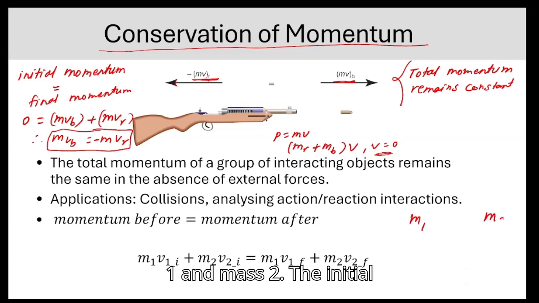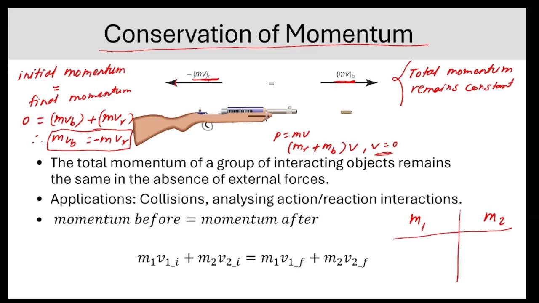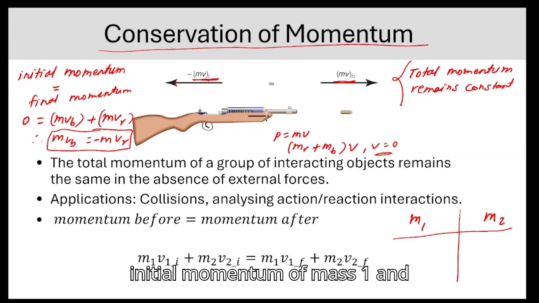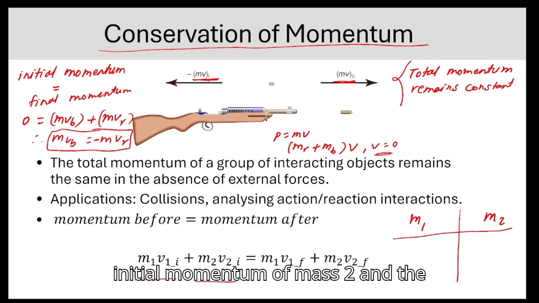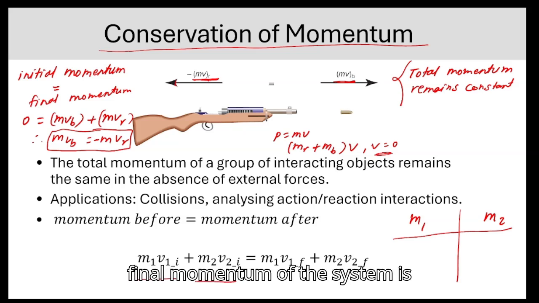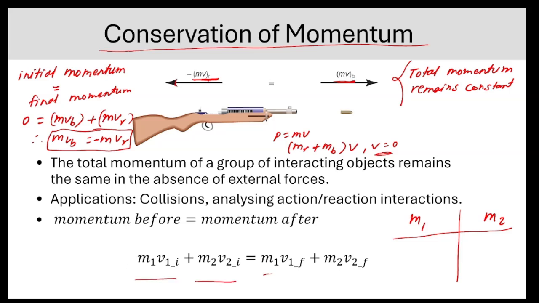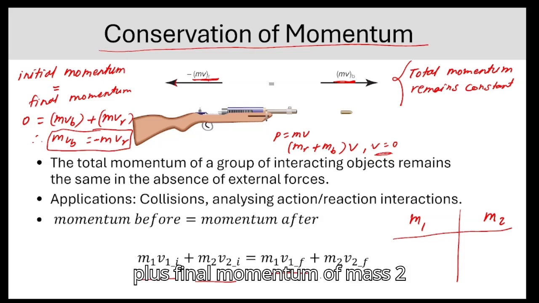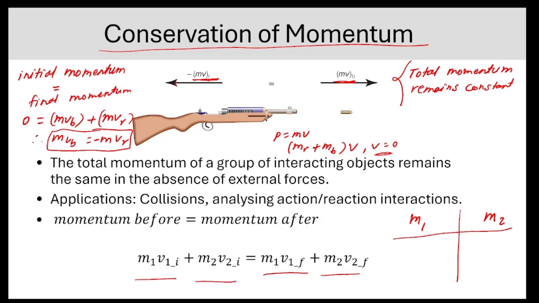mass 1 and mass 2. The initial momentum of the total system is the initial momentum of mass 1 and initial momentum of mass 2, and the final momentum of the system is final momentum of mass 1 plus final momentum of mass 2.